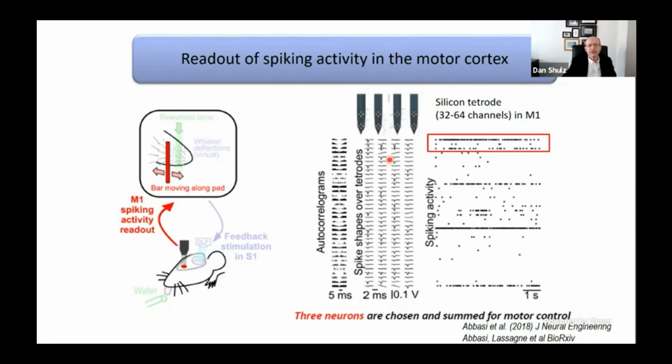We choose 3, and we use these 3 master neurons to control a bar, in this case a virtual bar that is moving across the whiskers, as I showed you before in the electrophysiological recordings. So here we have a bar that is moving along the pad. It's virtually contacting the whiskers, and it's moving from left to right. And there is one position that, as you will see, is the position where the animal can get the reward. I will come back to this in a minute.